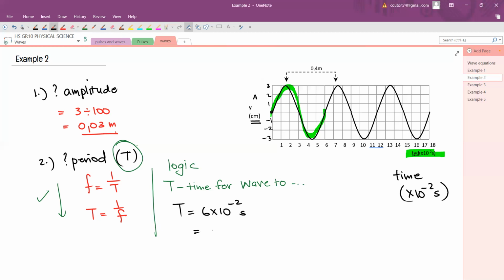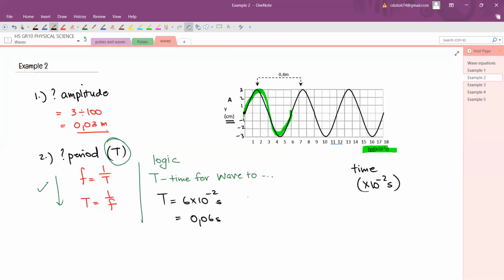Or you can write 0.06. You can type that into your calculator, in other words, and it will give you a decimal, 0.06. But both answers are correct. Right, so I can just do that. I don't have to do an equation because there's some logic there.